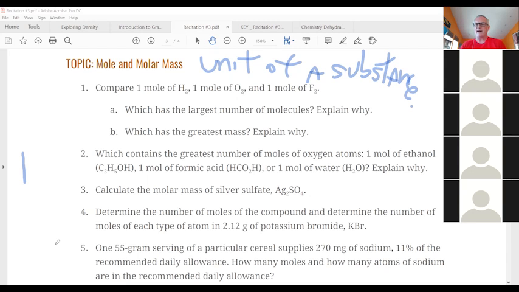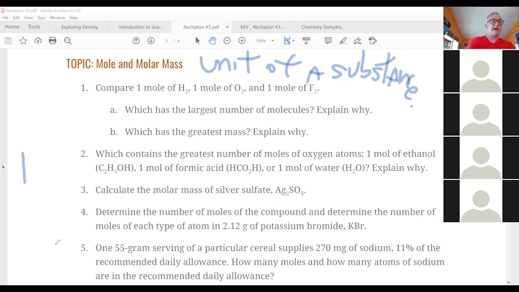So the way I define it, it's a reactive unit. Basically, 1 mole of an element reacts with another mole of an element. That's how reactions take place, in molar ratios, not mass ratios.